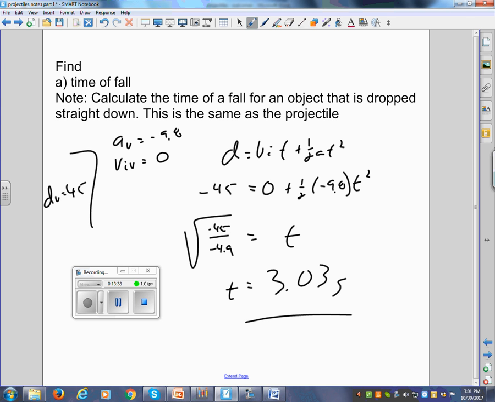It takes 3.03 seconds. What if you just dropped the calculator off the edge of this cliff? 3.03 seconds. Does it matter that the car is driving sideways? No, they are independent of each other. I'm going to keep repeating that.